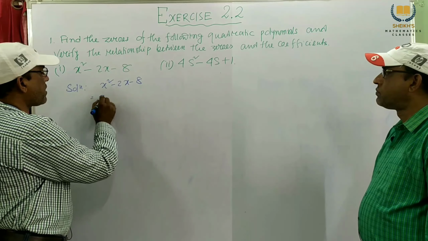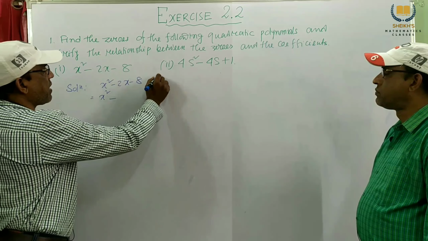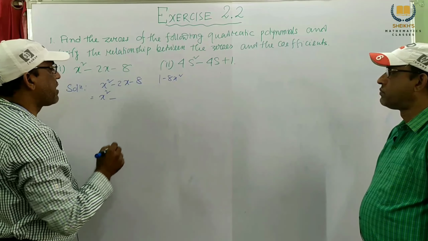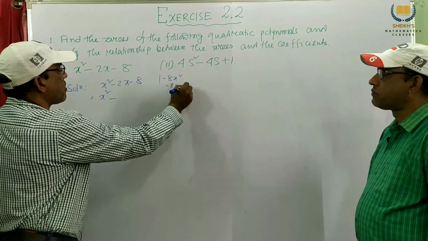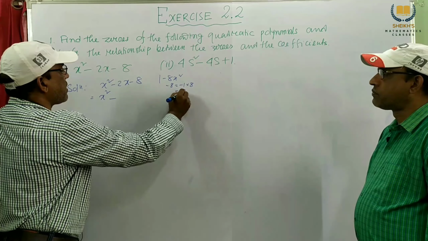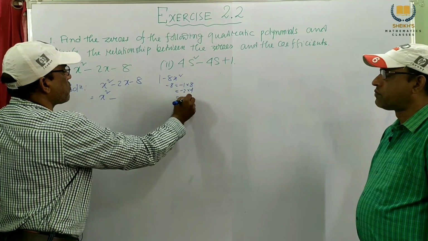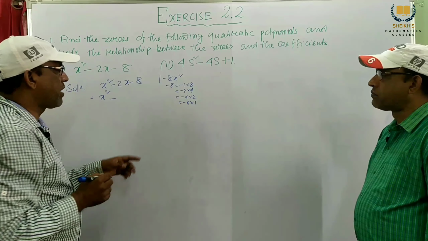Now if we factorize this, the factorization rule is that two numbers multiply to give minus 8. Minus 8 means minus 1 into 8, minus 2 into 4, minus 4 into 2, minus 8 into 1. These are the factors.